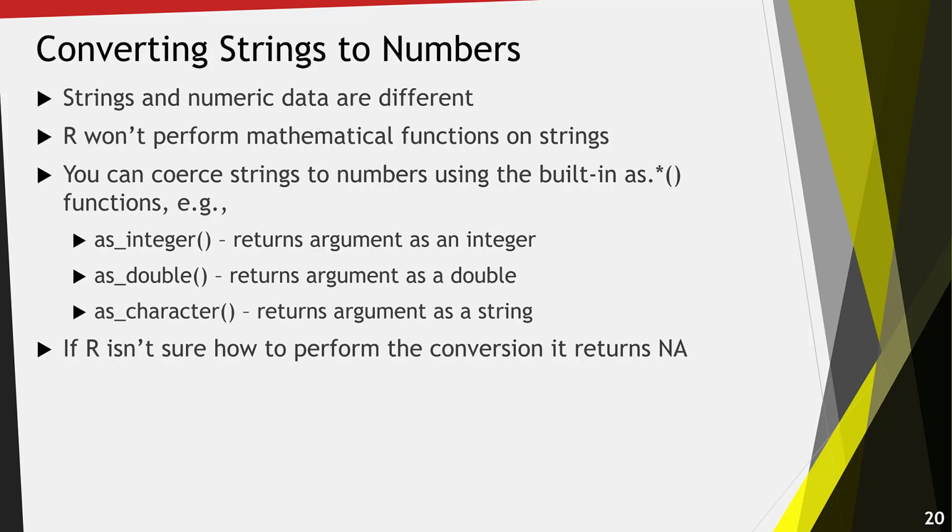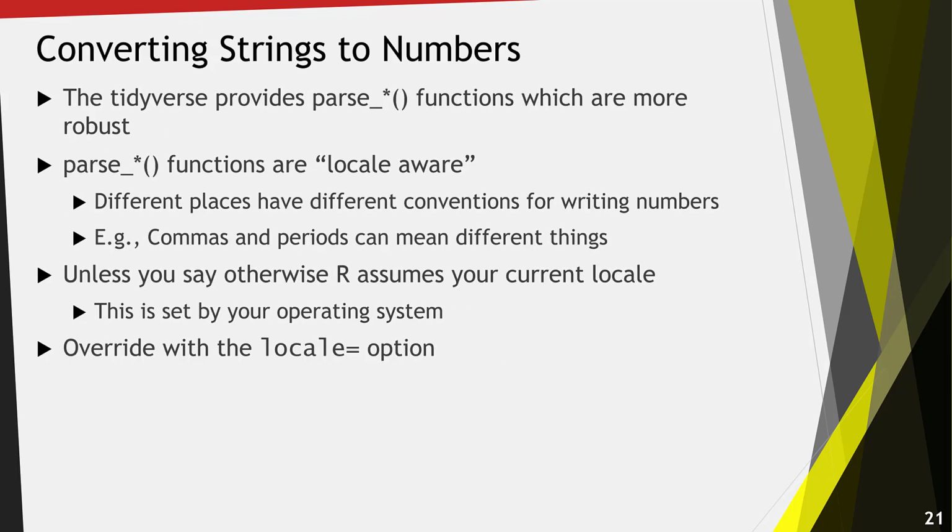Remember that if R isn't sure how to perform the conversion, it's going to return an NA. So if there's additional text beyond your number, R might not know how to convert it, and you'll get a missing value instead. The tidyverse also provides parse-underscore functions, which are more robust. In particular, the parse-underscore functions are locale aware, which means they'll accommodate the fact that different places have different conventions for writing numbers.